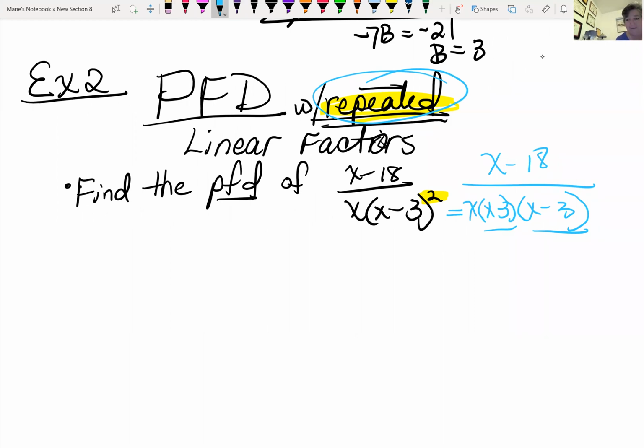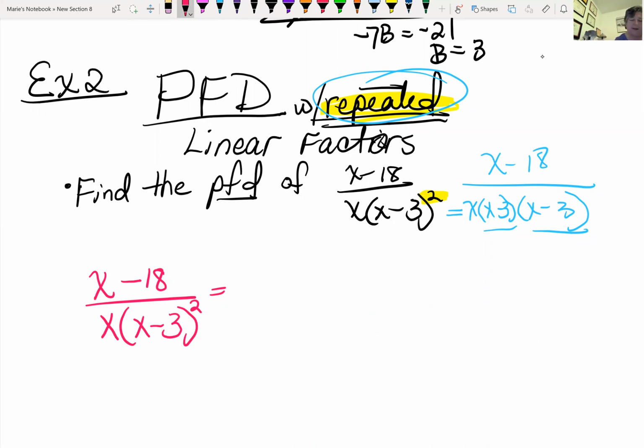When you do have that, you have to break this up into 3 fractions. So you have the x minus 18 over x times x minus 3 squared. Now, immediately you must be thinking, well, just group the x and group the x minus 3 squared alone.